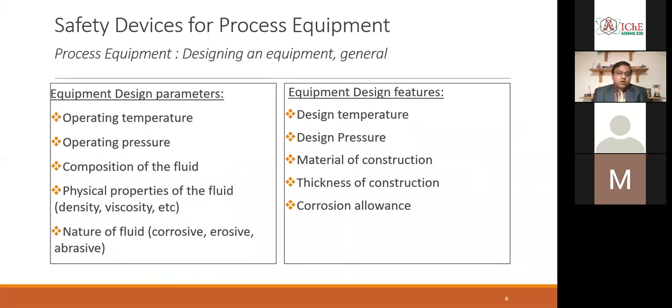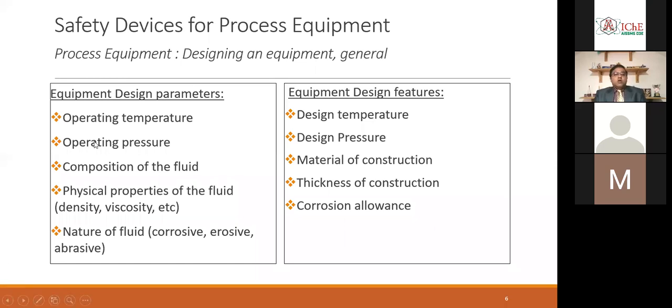Next, how do we now design an equipment? What are the parameters and what features does it contribute to? So first of all, if I have, say, a vessel and I need to design it, how thick will it be, how big will it be, of what material will it be? So I need to know certain parameters.